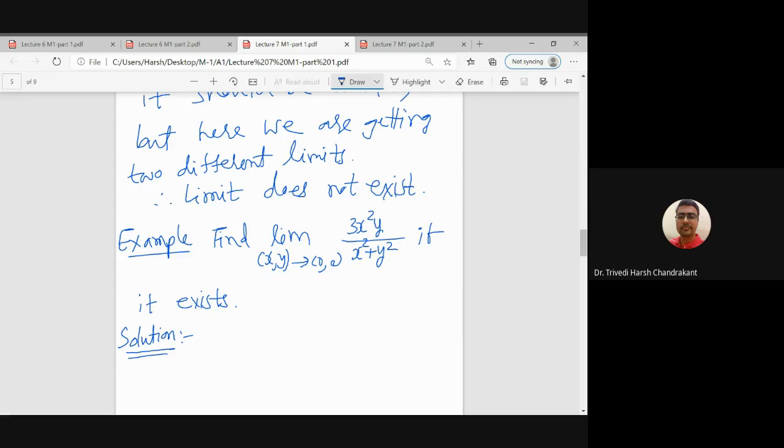And the next thing is that if we can guess the value of the limit, if both the iterated limits are same.